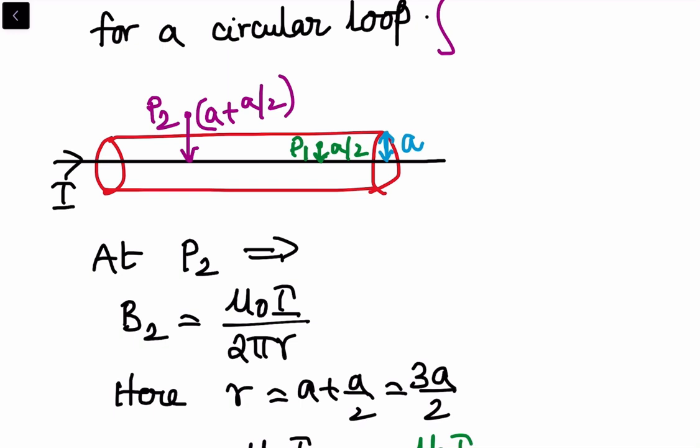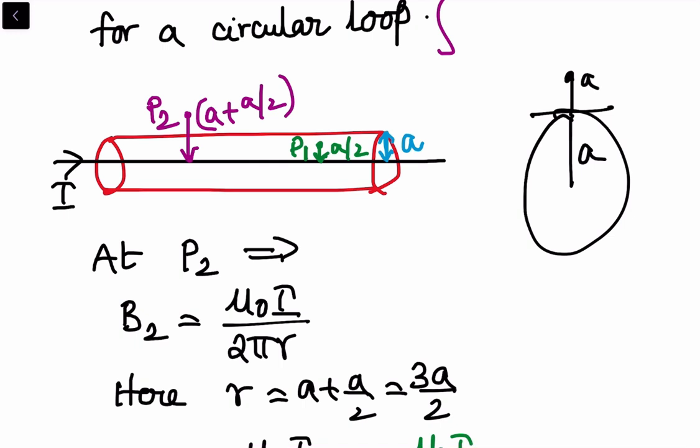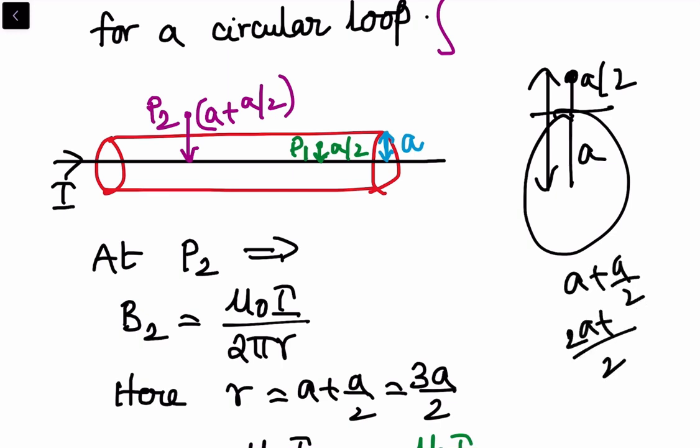If I draw this cross section like this, this is a. Above the surface means from here it is a by 2. The total distance of this point is a plus a by 2, with 2 as the LCM, 2a plus a, that is 3a by 2.